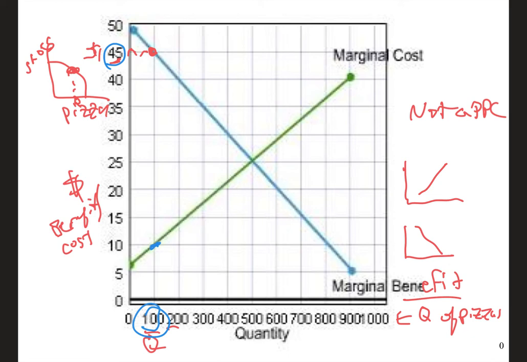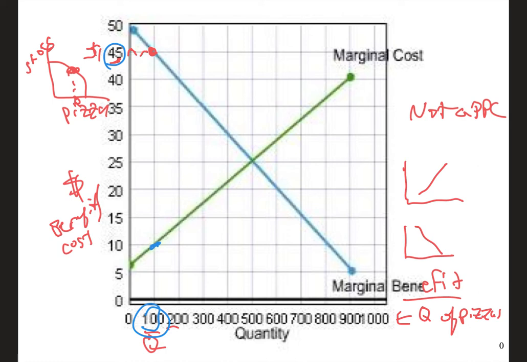If you don't keep producing, you would be a society under allocating their resources. If I was a society and I said, I'm going to produce 200 pizzas, at that 200th pizza, some people are willing to pay $40 a pizza and it only costs $15 a pizza. This tells me that this society could be using its resources better.